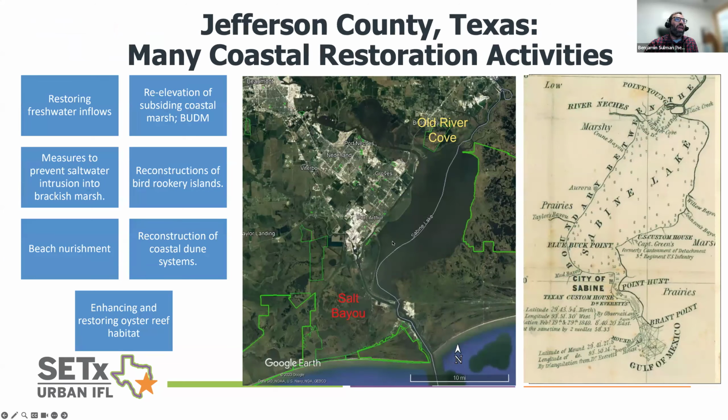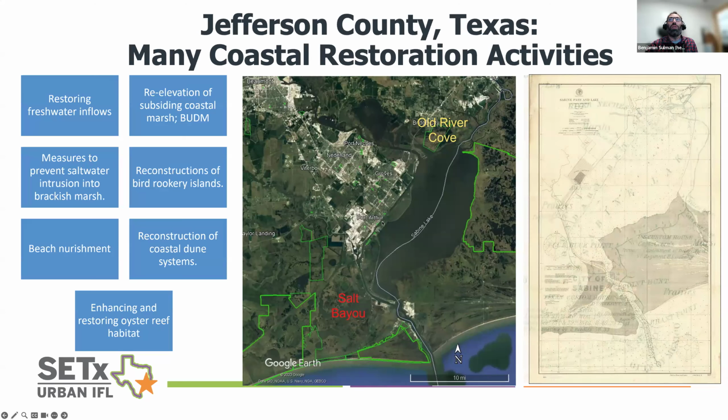Looking at Jefferson County, our urban area of interest is centered around Beaumont and Port Arthur and these other surrounding communities. And there's several different wetland management activities going on.